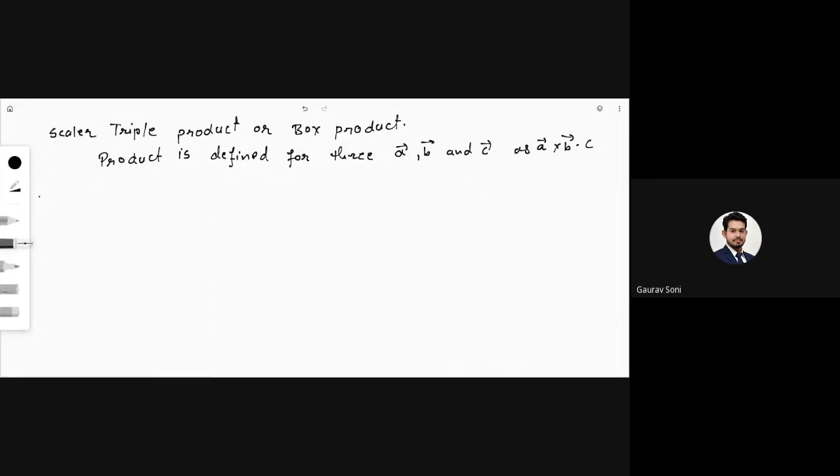Which can also be written as, is also given as, a bar, b bar, c bar.